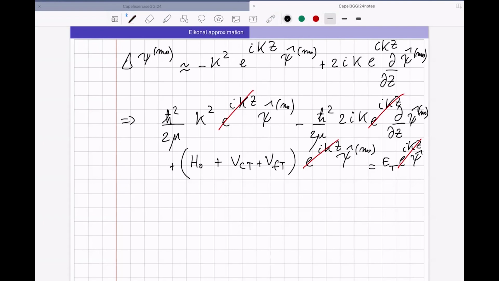And then you can count on two things. The first is by conservation of energy, the total energy is equal to h bar squared k squared over 2 mu, which is the kinetic energy of the relative motion between the projectile and the target, plus the initial energy of the projectile.